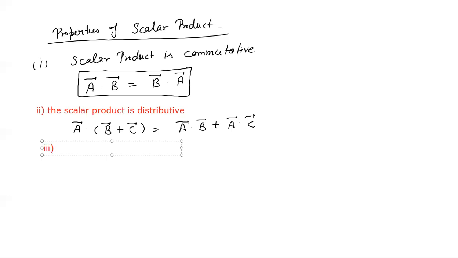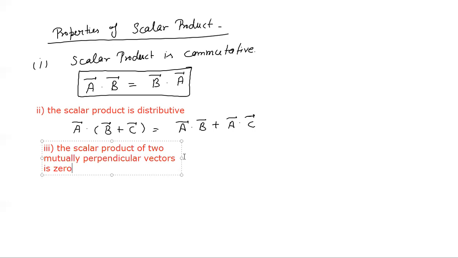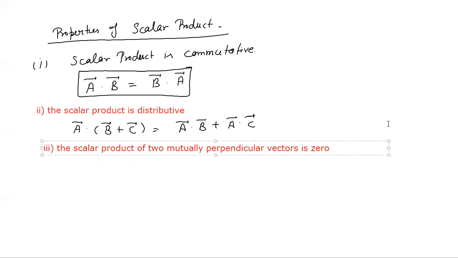The scalar product of two mutually perpendicular vectors is zero. The scalar product of two mutually perpendicular vectors is zero.